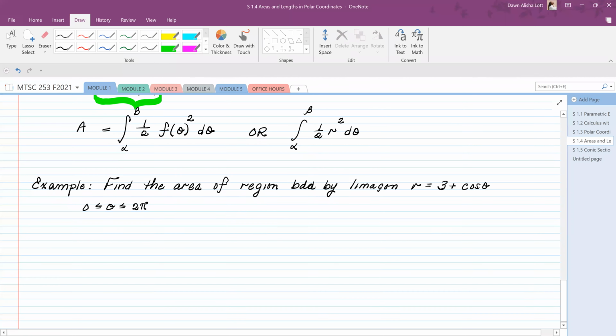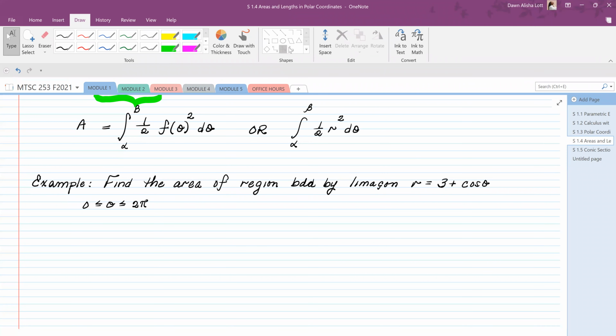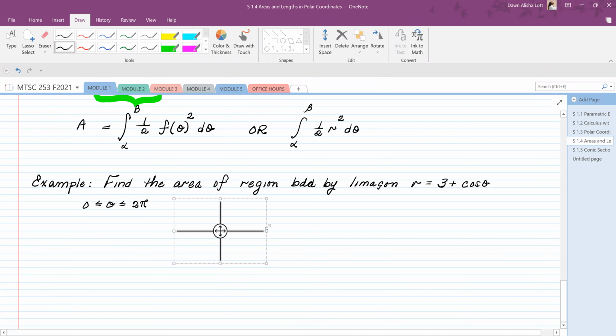Okay, so this thing looks like this. So r starts off at 0 and it just goes all the way around to give us the area.